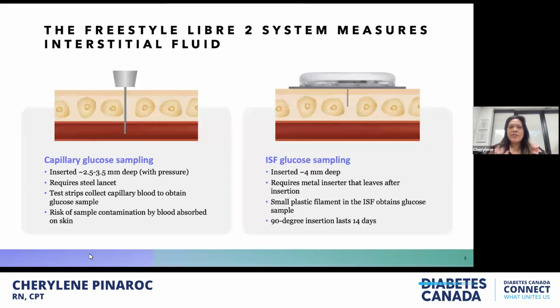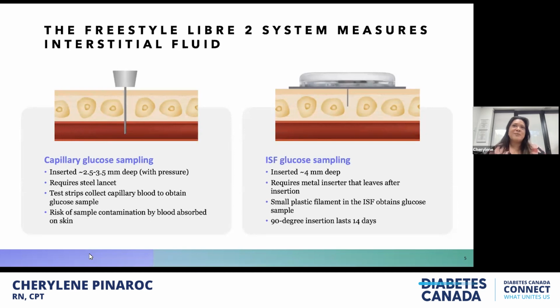As you guys know, the Freestyle Libre 2 system measures interstitial fluid, like we're discussing. We all know that with capillary glucose sampling, whenever we test with the regular conventional method, the needle is inserted about 2.5 to 3.5 millimeters deep with pressure. We still need those steel lancets that everybody really hates pricking themselves with, and it hurts sometimes and is very sensitive on the fingers.